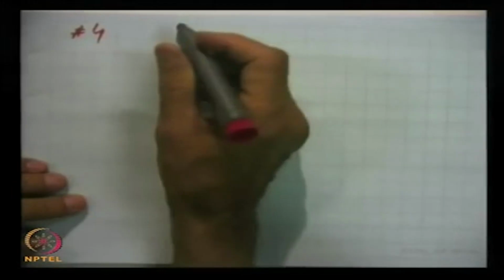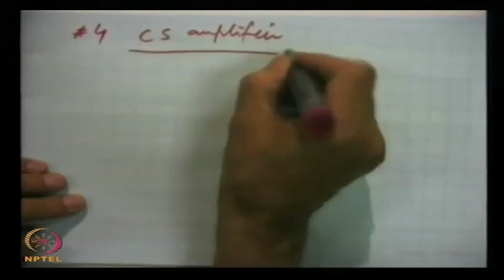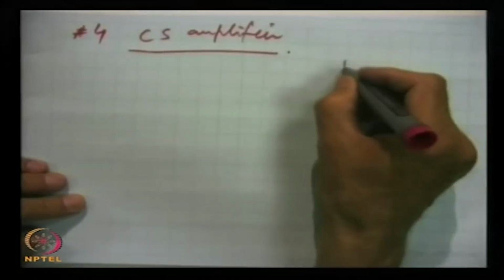Last example, another, this is on the amplifier, common source amplifier. Last and fourth problem, this is common source CS amplifier. The circuit is this.